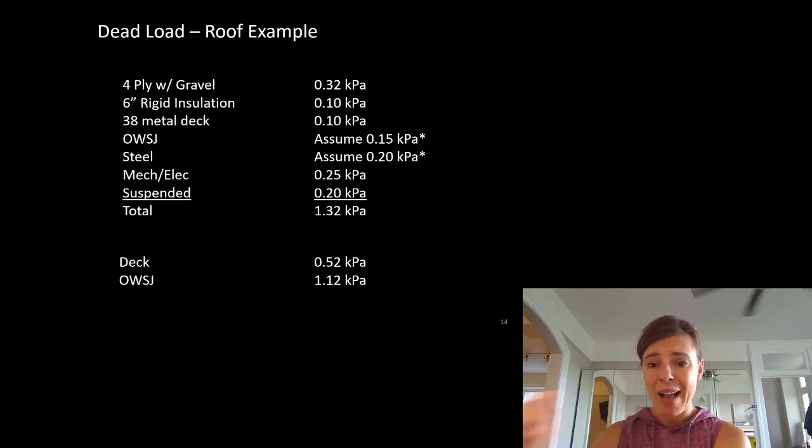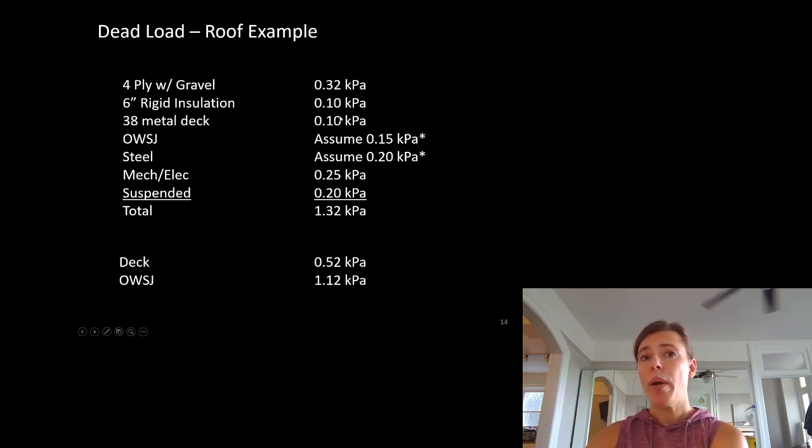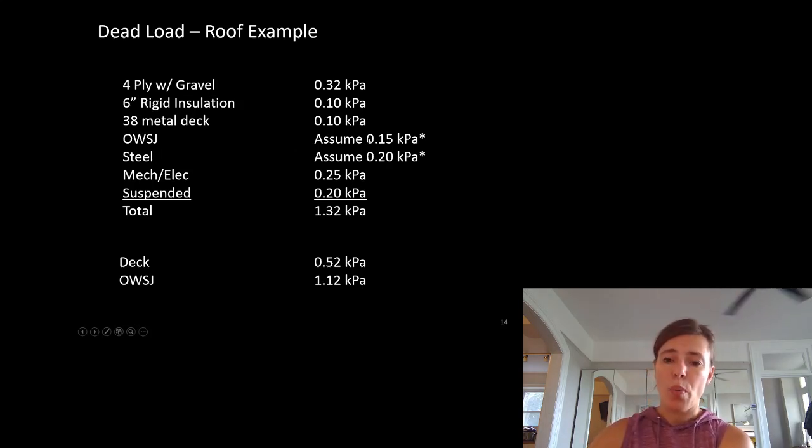So the metal deck, when we design it, would have 0.1, 0.1, and 0.32 kPa on it. So the deck would only actually support 0.52 kPa. But then the open web steel joists would have the weight of the deck and everything the deck is supporting on top of it. So the open web steel joists are not supporting the steel though.